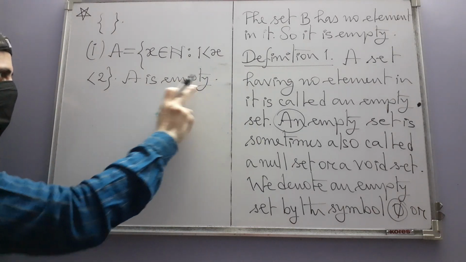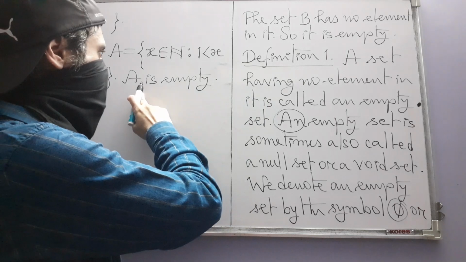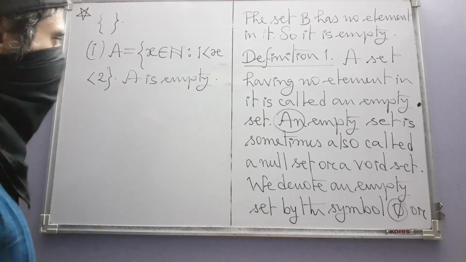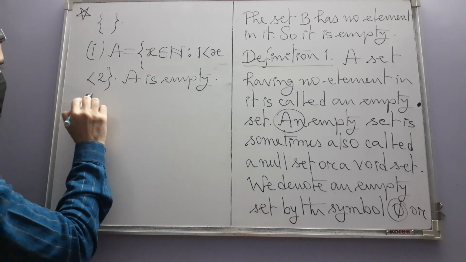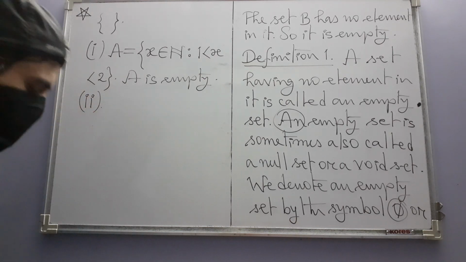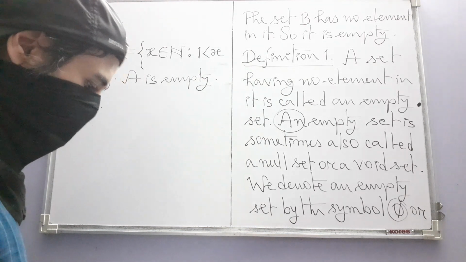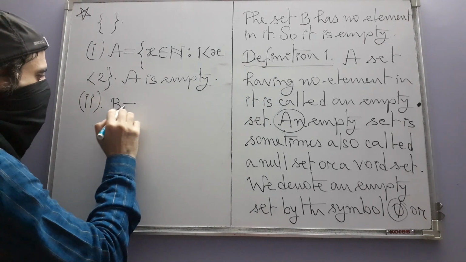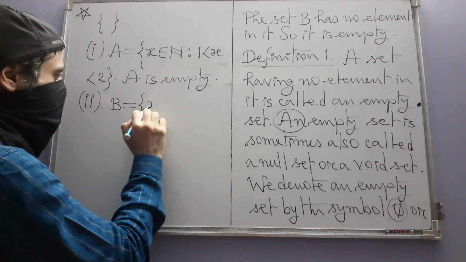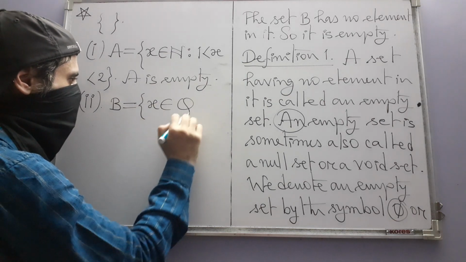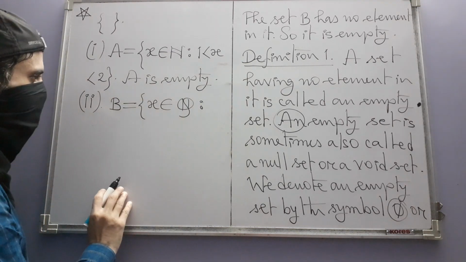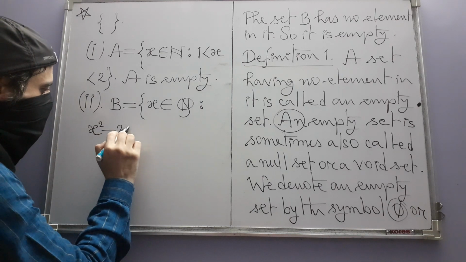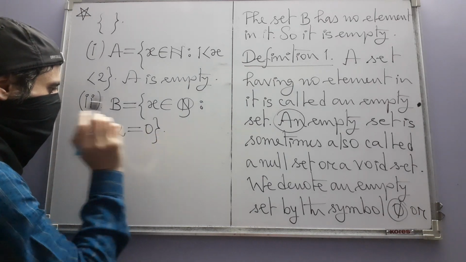This is also another way of expressing that A is an empty set. That is by writing that it is empty. Next, number 2. Here also, do not confuse this set B with that example. It is the set of all rational numbers x such that x square minus 2 is equal to 0.